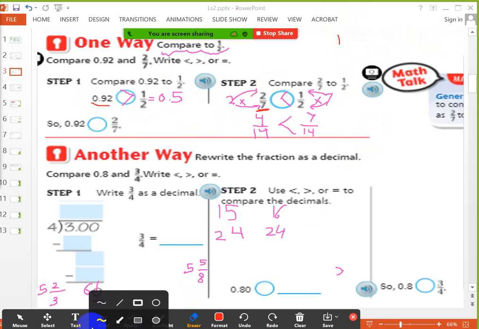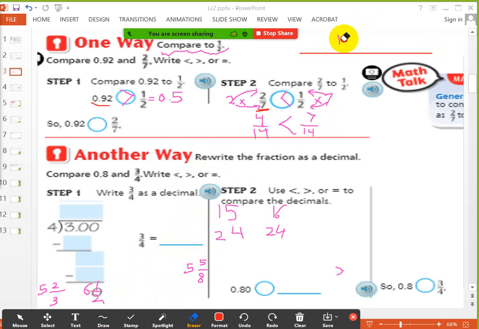Look, this is the 1 over 2. And this number is what? 0.92. And this one is what? 2 over 7.